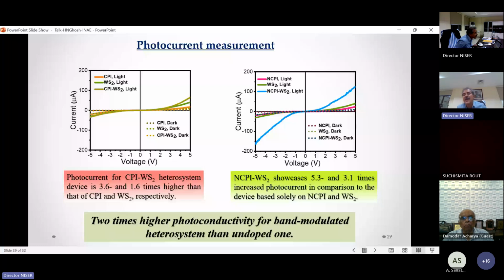But in the case of NCPI, in the photoconductive measurement, the current-voltage curve clearly shows a much higher photocurrent for NCPI WS2. So it suggests that the charge separation in the heterosystem is very, very high, which is very efficient for any kind of solar devices. So this is the TOC.